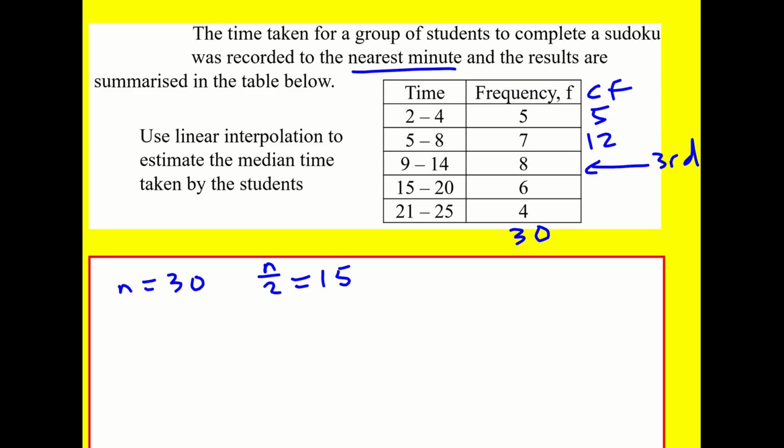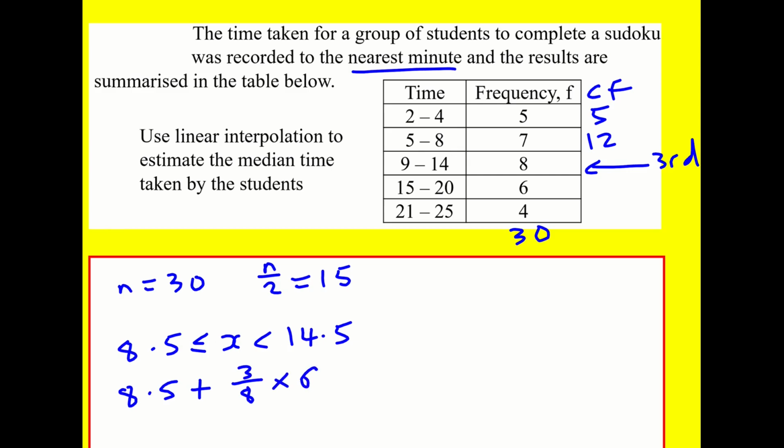Right, this time it's definitely clearer that it's going to be the group 8.5 less than or equal to x less than 14.5. So we're going to take our lower bound, we're going to find the fraction that we're going through, we're going to times that by the width, which is 6, and it's all good.